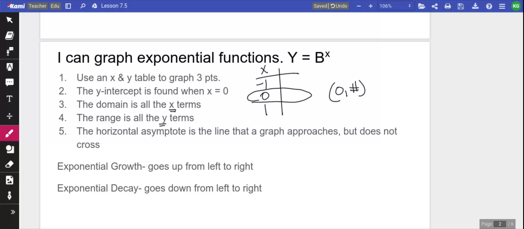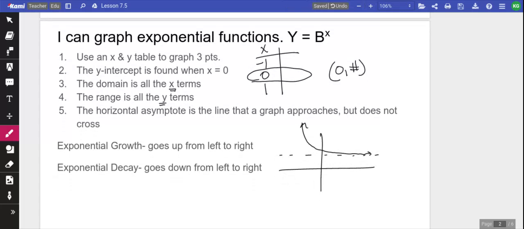So a horizontal asymptote is a line that a graph approaches but does not cross. So we could have like a horizontal asymptote here, and then our exponential function will curve and it'll get really close to, but it will never cross the y equals whatever the horizontal asymptote is.